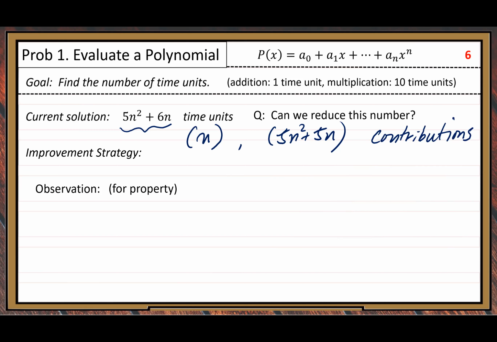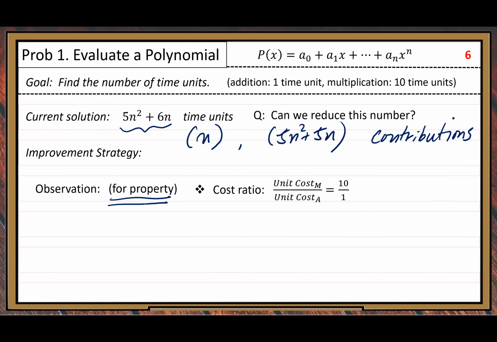So different. Multiplications contribute most of it. The addition operation contributes very little. That's the property we find from our observation.